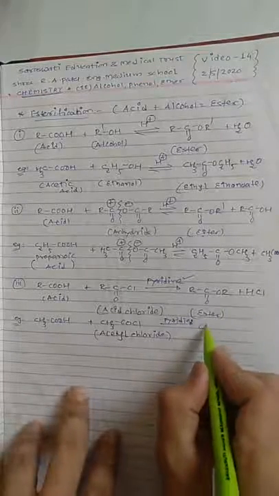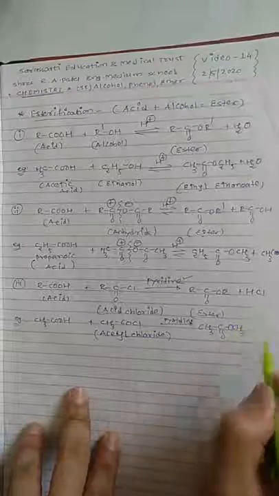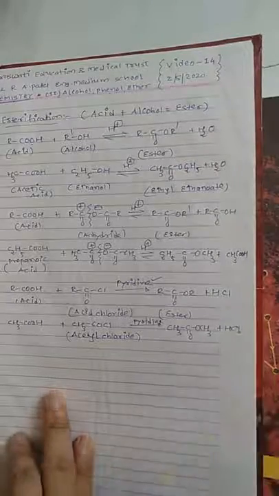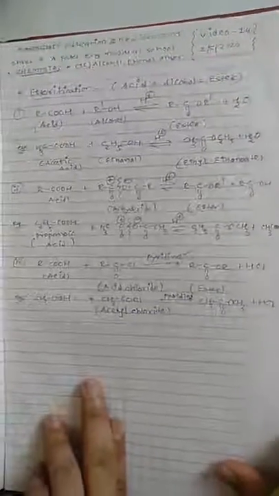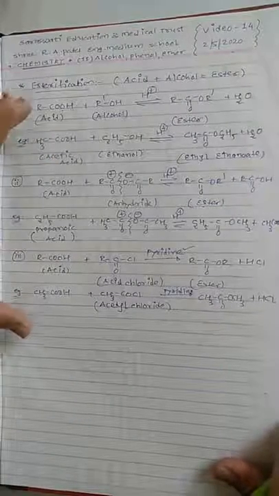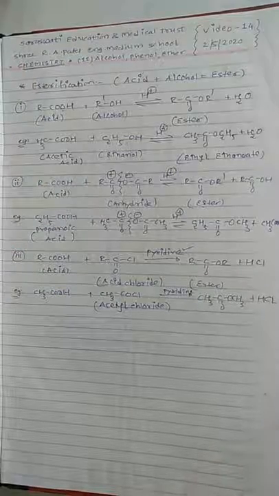So in the presence of pyridine, it will give CH3COOCH3 with loss of HCl molecule. So this is all about the esterification reaction. Frequently this question is asked in examinations for 2 or 3 marks.